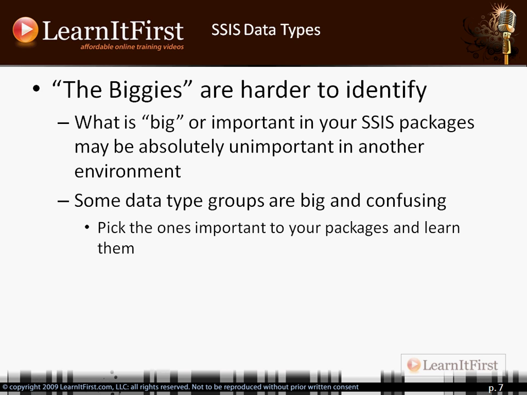You may find that you're using a small group of four to five SSIS data types in your conversions, but when you move to another company, you're using 16 different ones. So it's kind of hard to say, here are the most common ones. I'll do that at the end, but inevitably I'm going to miss some, and some of you are going to look at it and go, well, why didn't he talk about this data type?